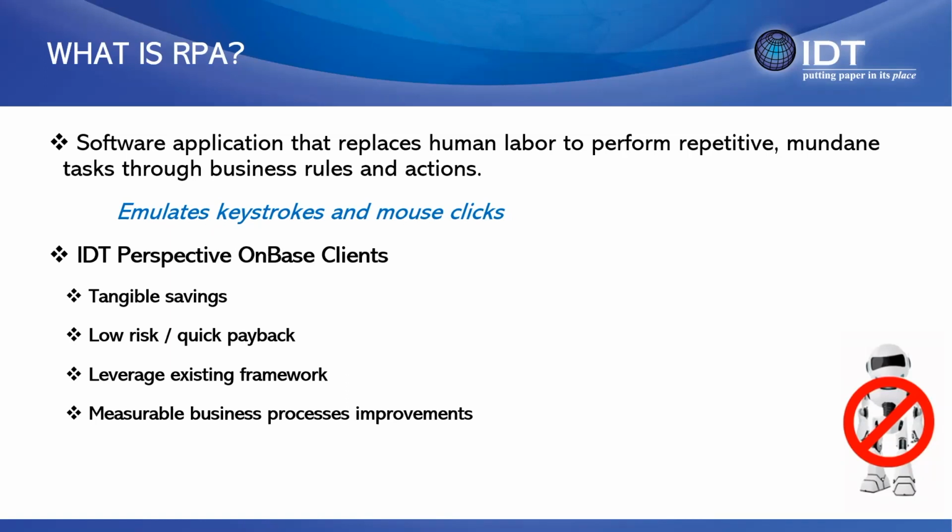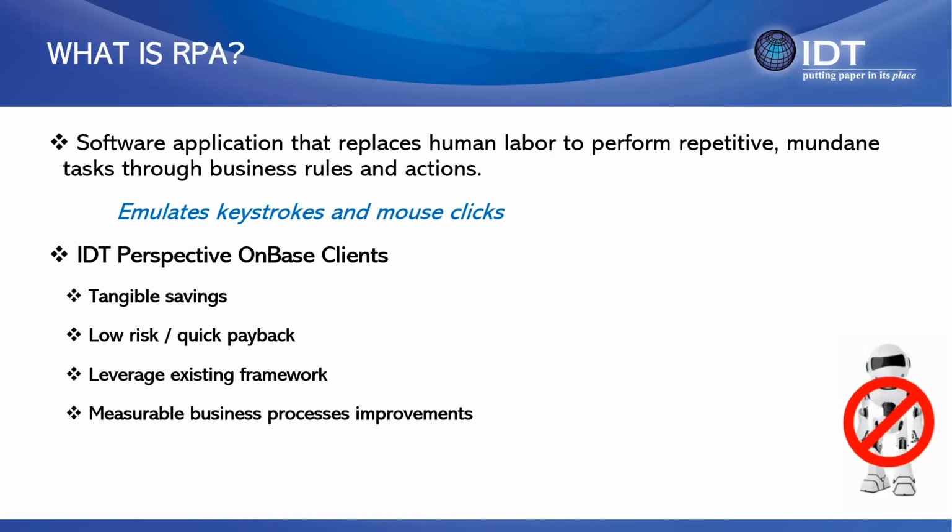Hyland RPA offers a number of benefits, including very tangible savings, something that we can easily measure, which is very commonly what customers are looking for when we're building a proposal or use case. It offers a very low risk solution with a very quick payback, again, something that customers are very often looking for. It allows us to leverage the existing OnBase framework, which is very nice because that allows us to deploy RPA quickly and at a much lower cost. And then, of course, it offers very measurable business process improvements.